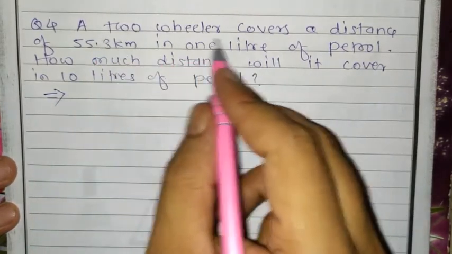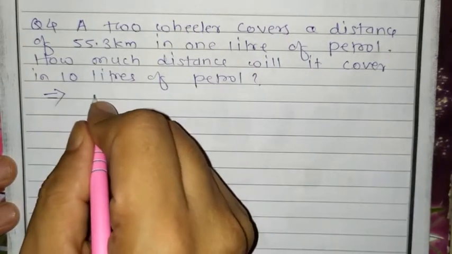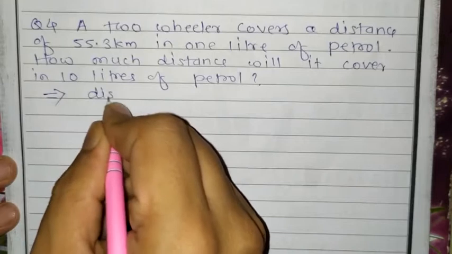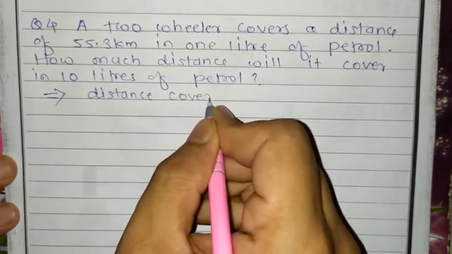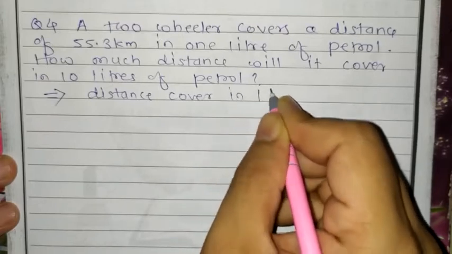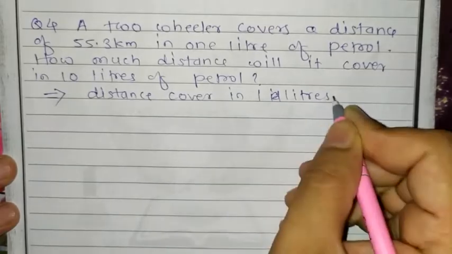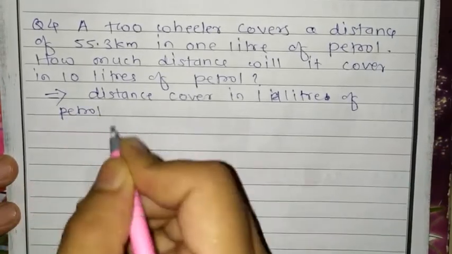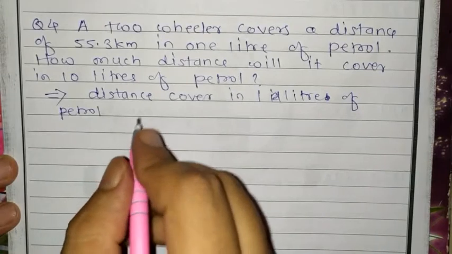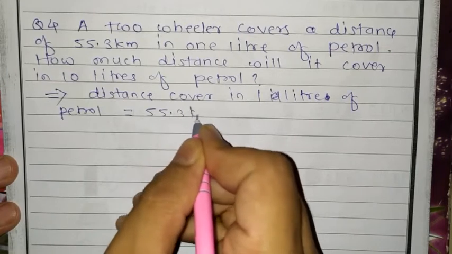Here a two-wheeler covers a distance in 1 liter. So here you can say distance covered in 1 liter of petrol equals 55.3 kilometer.